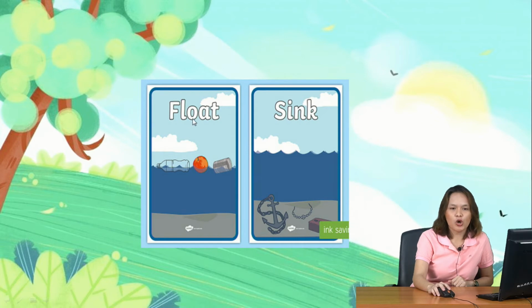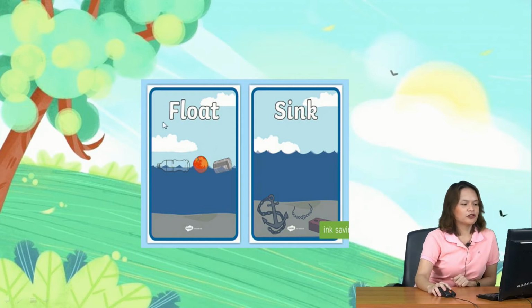Float. Let's spell the word float. F-L-O-A-T. Float. One more time, float.